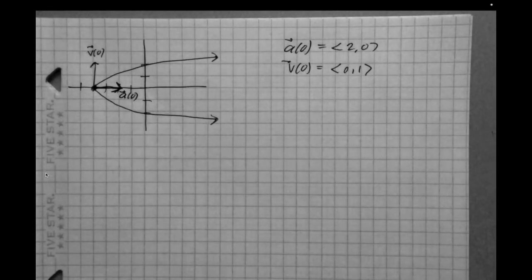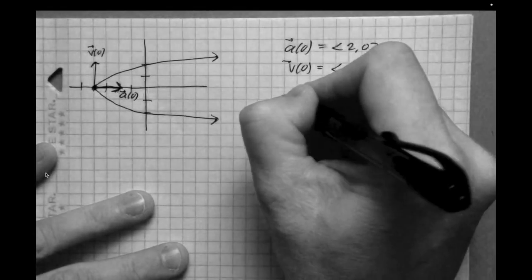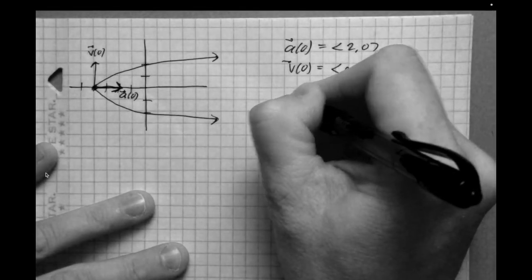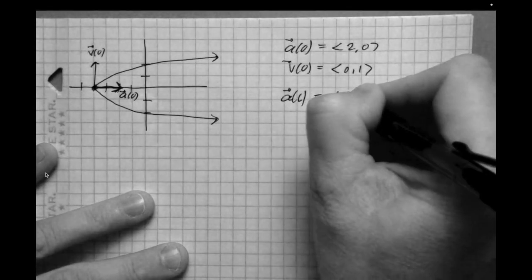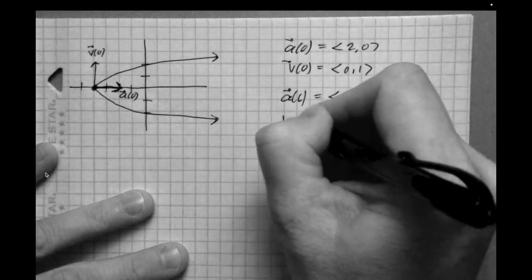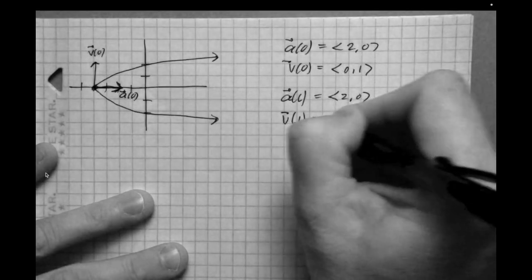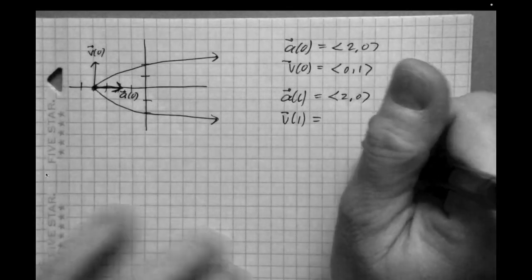And what about at t equals 1? Let's do t equals 1. So the acceleration at time equals 1 is, again, <2, 0>, and the velocity is <4, 1>.